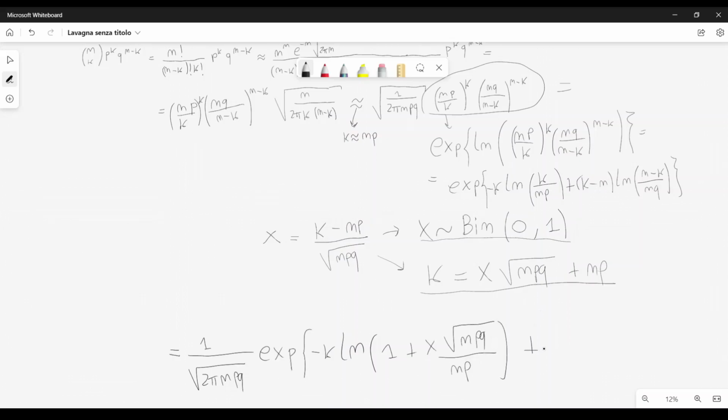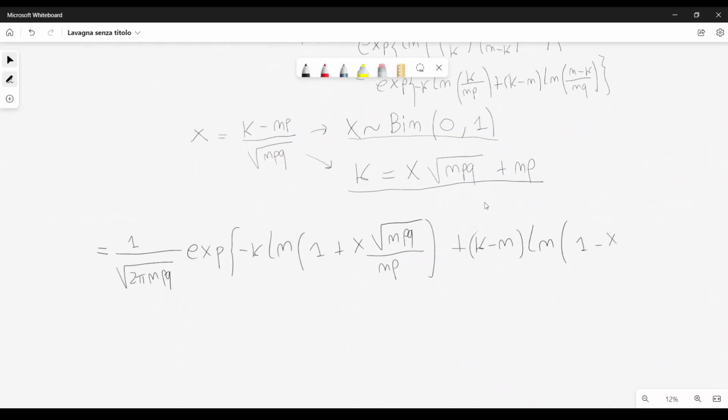And then I have plus n minus k times the logarithm of, I do the same in here, I have 1 minus x times the square root of npq divided by nq.